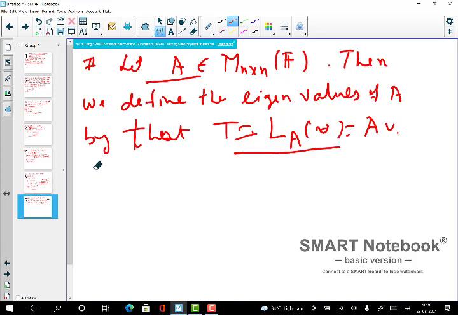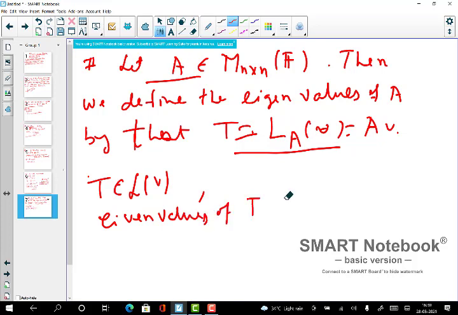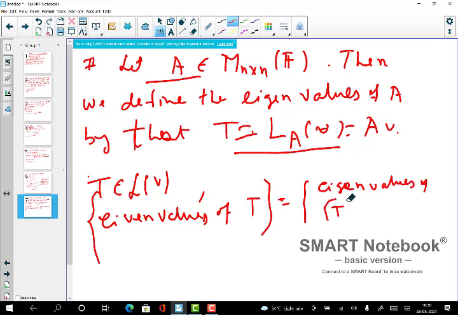Similarly, conversely, if you have a T in L(V), then you can define the eigenvalues of T as the same as the eigenvalues of T with respect to some basis.